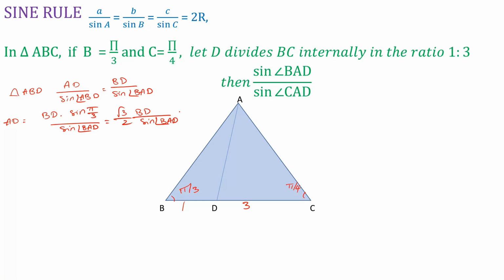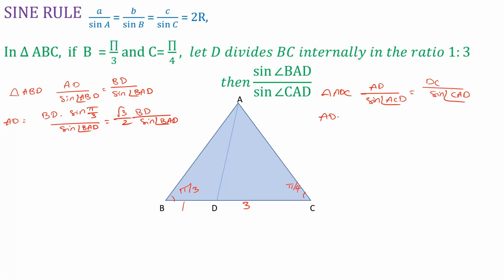So AD is root 3 upon 2 into BD upon sine angle BAD. Now for the second triangle, that is triangle ACD, again we can apply the sine rule for the AD side and DC side. AD upon sine angle ACD is equal to DC upon sine angle CAD.